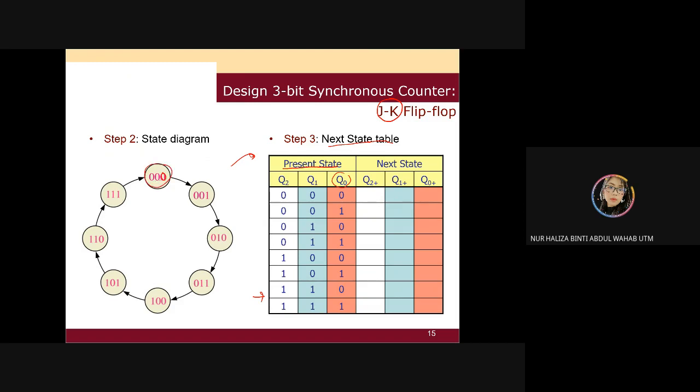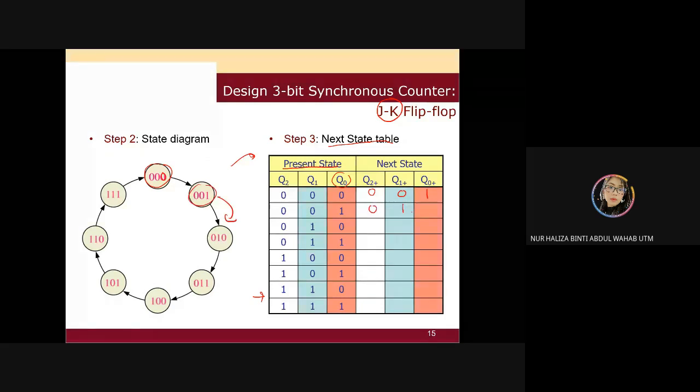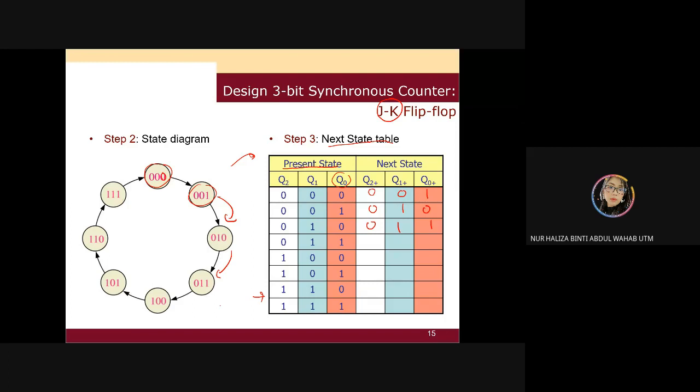From 000, you go to 001. From 001, your next state will be 010. From this, you go to 011. From this, you go to 100. And following everything.